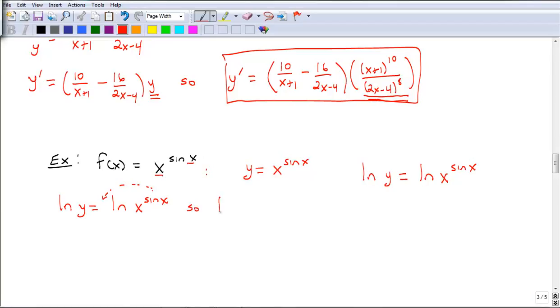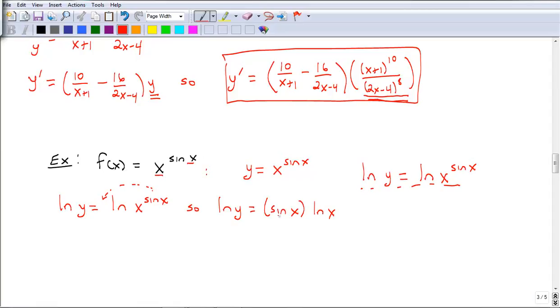And so I get the natural log of y is sine of x times the natural log of x. The sine of x comes out front, ln is left all alone. That's property 3. Notice I haven't taken any derivatives. I took the natural log of both sides, then I used the third property to bring sine out front.